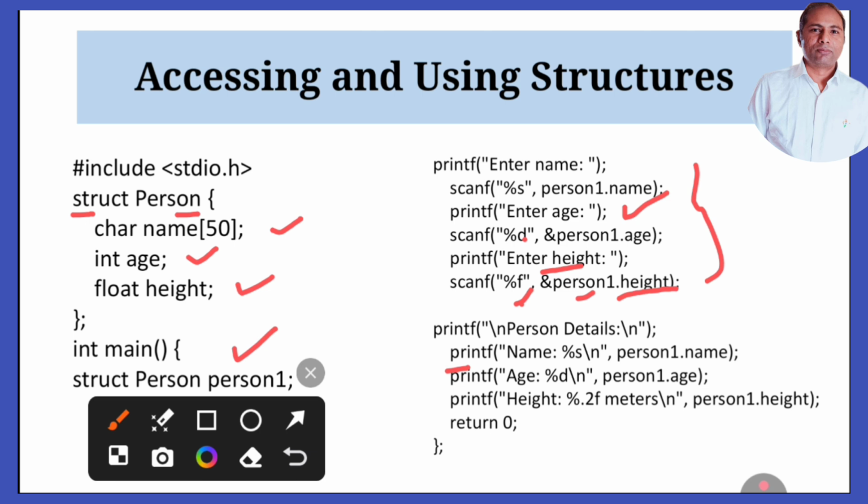Then we will display the height up to two decimal places, so we write person1.height. Thus we can display different data types of integer, character and float at the same time with the use of the structure.